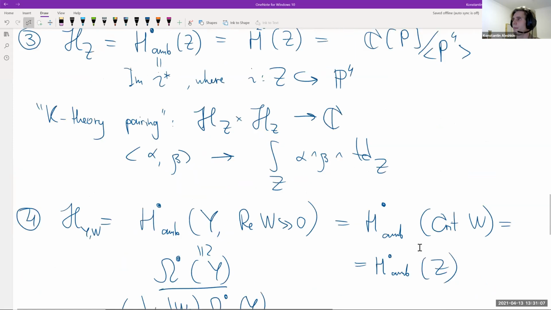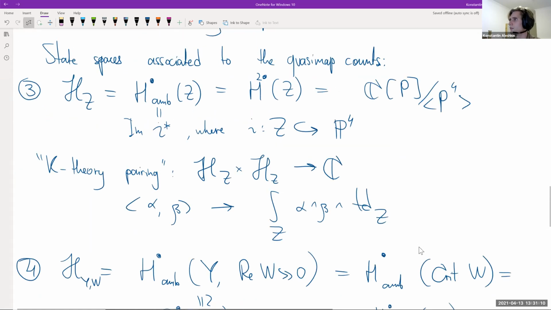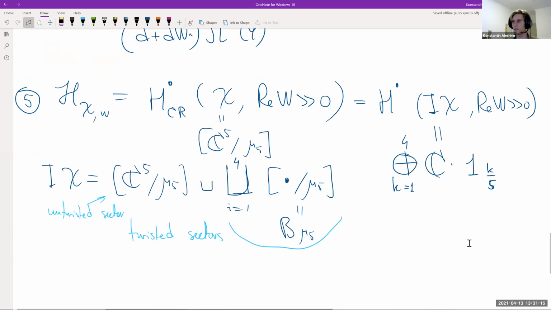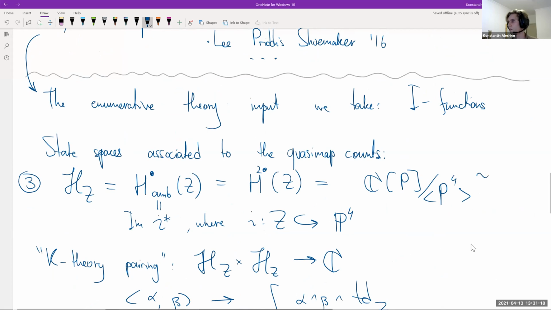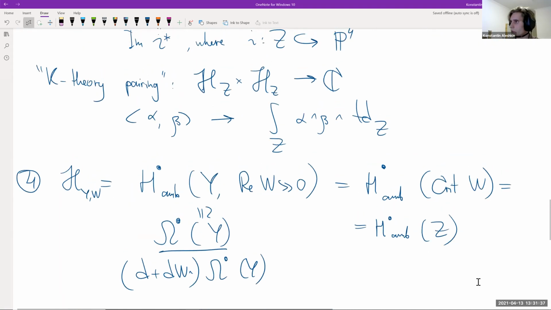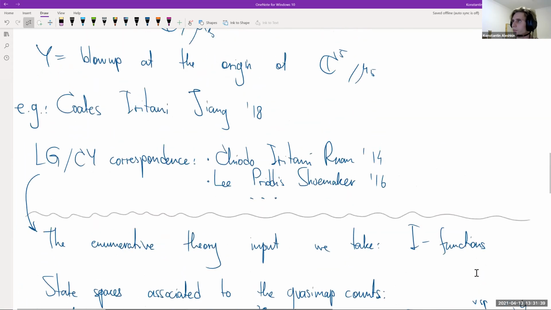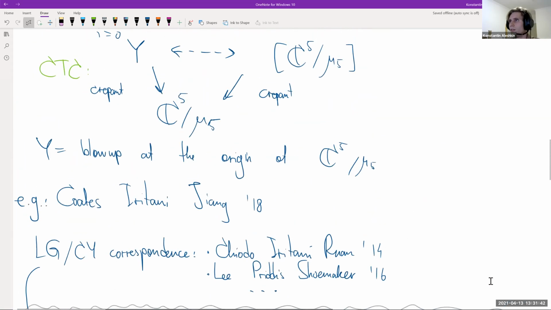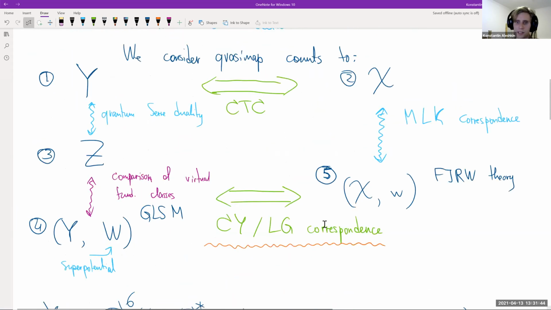From the first glance, we can look at the dimensions of this as a vector space, and it's just C4, and so is this state space. So there is some good sign that this correspondence is not completely ridiculous.